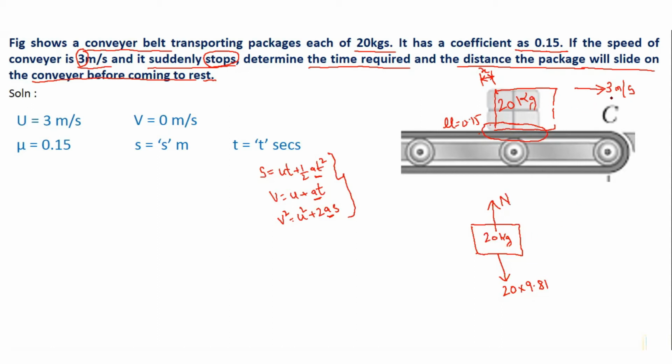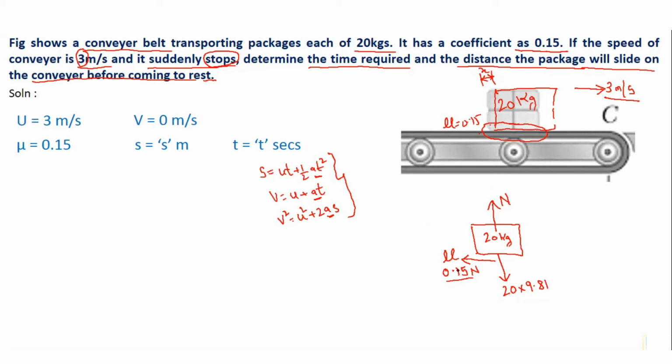Also we have assumed that this conveyor is moving towards the right side with a velocity of 3 meters per second. Hence the friction force will be towards the left side with a value of 0.15 N, where 0.15 is the value of mu. With this we have completed showing all the forces acting on the body.